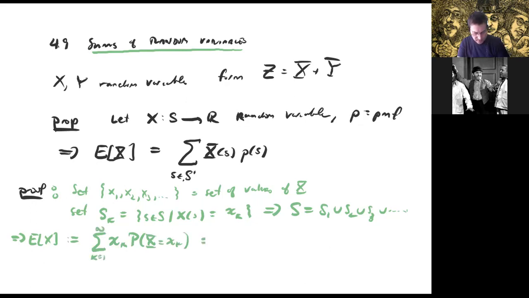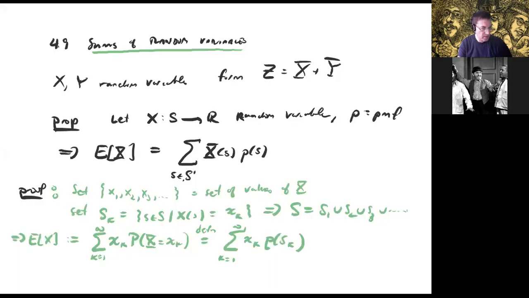But that's the same thing by definition as the sum over k of xk times the probability of the event S sub k, right? Because S sub k is the preimage of x sub k. This is by definition of Sk. Now, what is the probability of the event Sk?